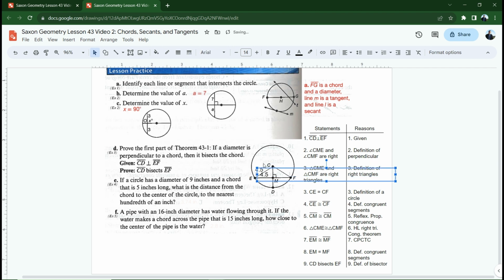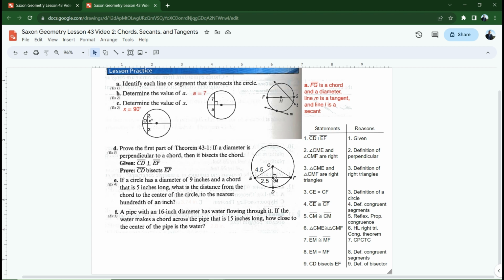If a chord is 5 inches, that means that this little side of the chord has to be 2.5 inches because the chord is bisected by this line right here, right? So this is 2.5. This is 4.5. Can I figure out what this distance is from the center of the circle?